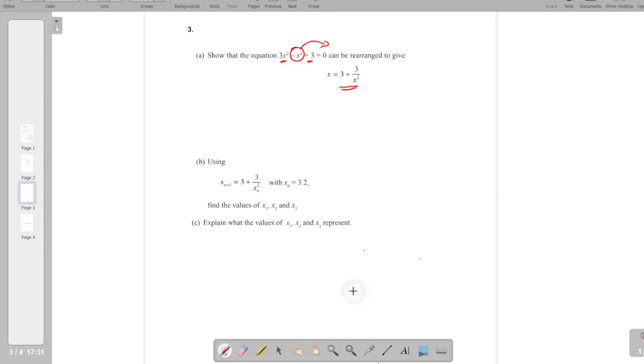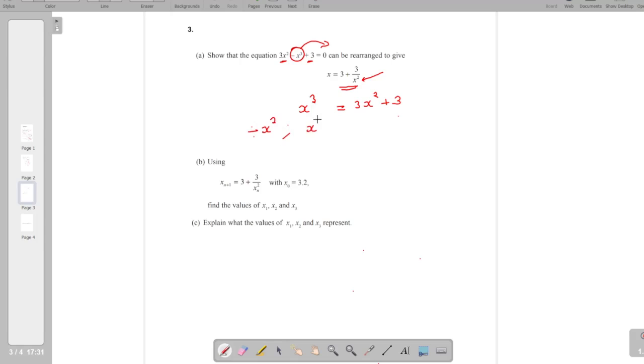So that becomes x cubed is equal to 3x squared plus 3. We want to get x squared at the bottom, so we are going to divide everything by x squared.